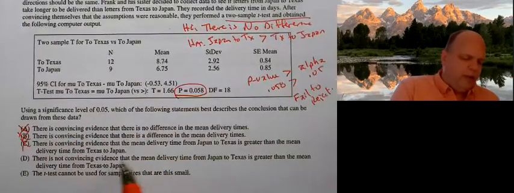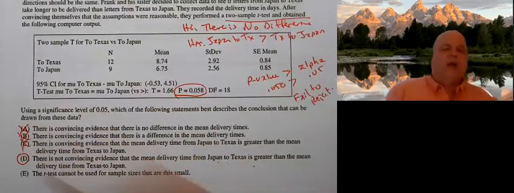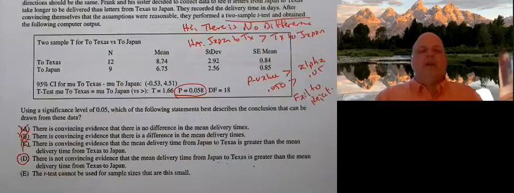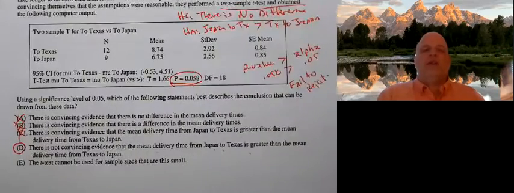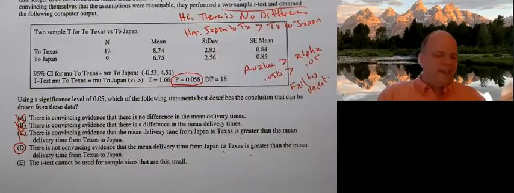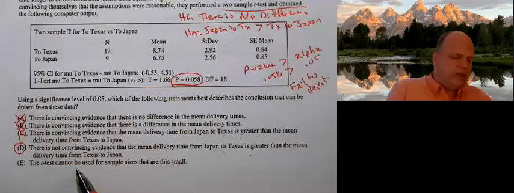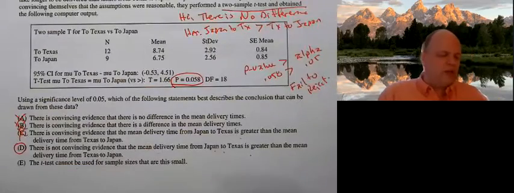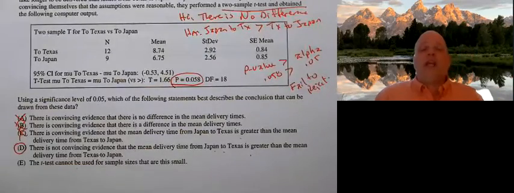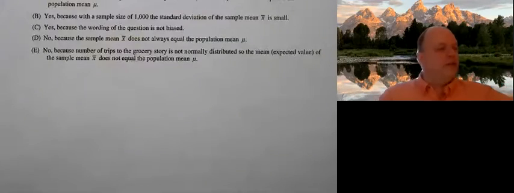There is not convincing evidence that the mean delivery time from Japan to Texas is greater than the mean delivery time from Texas to Japan. Yeah, we can say that. It's not significant. And the t-test cannot be used for sample sizes this small. The fact of the matter is they can be if it's normal, and they convinced themselves somehow that the distribution was normal. They told us that all conditions were met, so we don't have to worry about it.